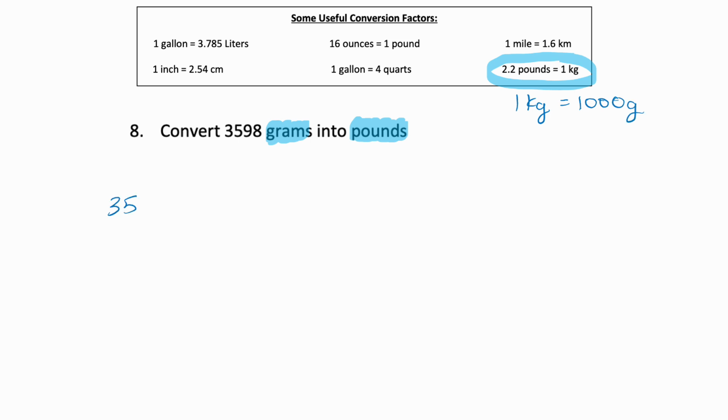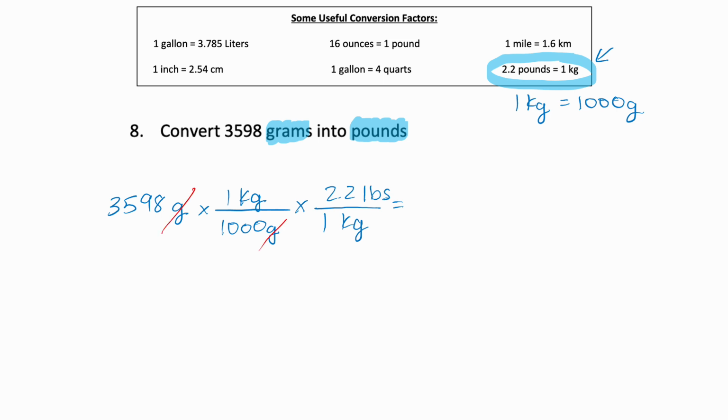So 3,598 grams. I want to get into kilograms first, so I can go from kilograms to pounds. So I know that in 1 kilogram, I have 1,000 grams. And now I can go from kilograms to pounds. And if you look at my units, everything should be gone besides pounds.